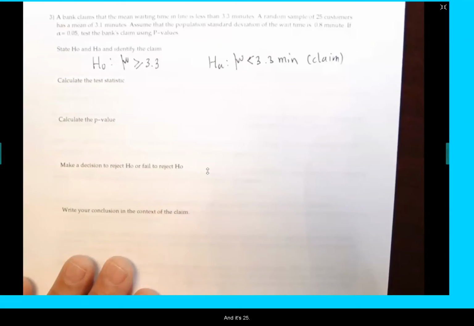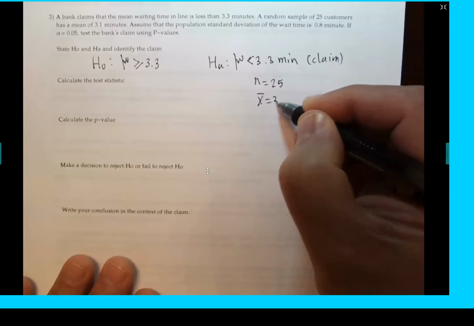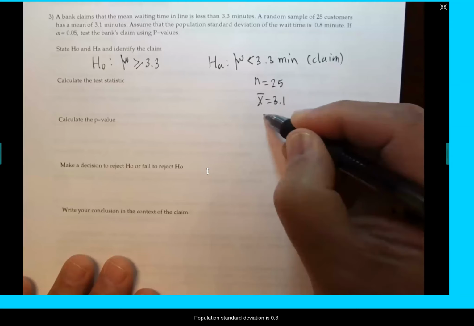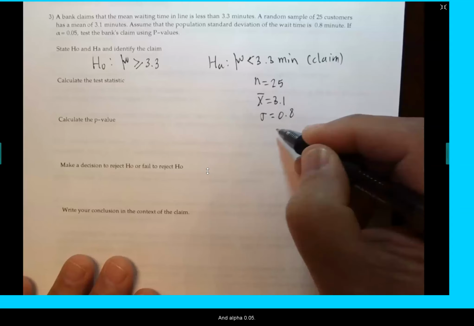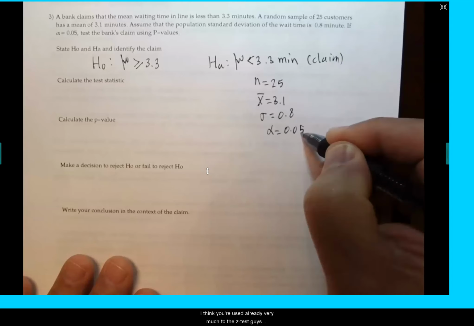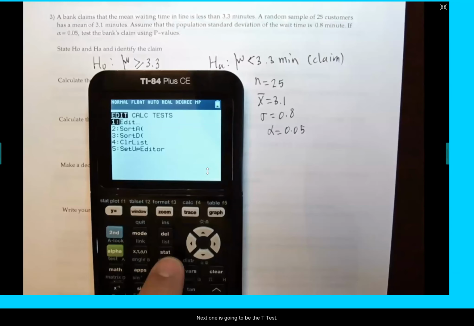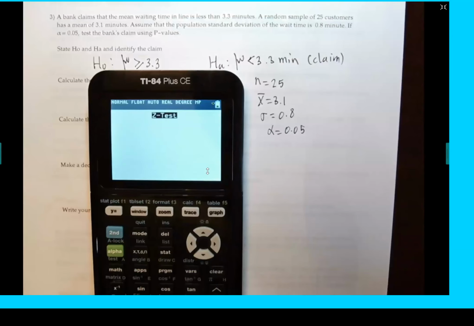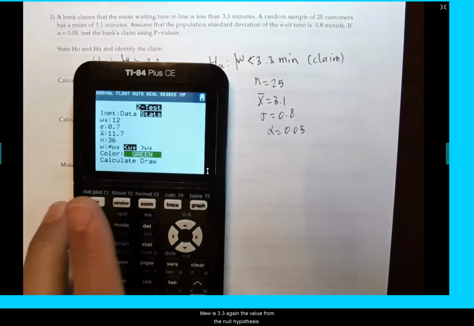Okay, n is 25. X bar is 3.1. Population standard deviation is 0.8. And alpha is 0.05. I think you're used already pretty much to the Z test, guys. So I'm going to go to stat, test. Next one is going to be the Z test. Mu is 3.3, again the value from the null hypothesis.